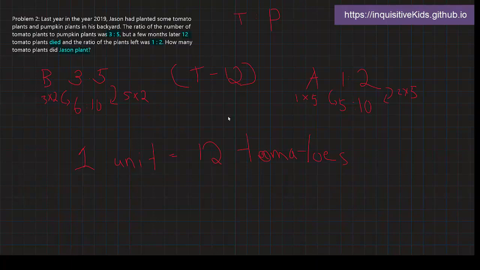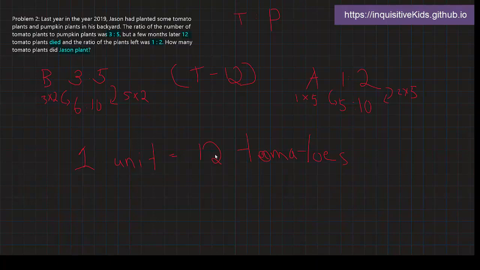And then we want to know how many tomato plants did Jason plant? Okay, so right now you might get a little confused about how to multiply that. What I mean by that is you're not sure which unit here we want to multiply to the 12.